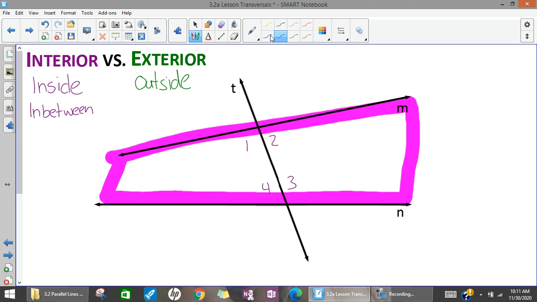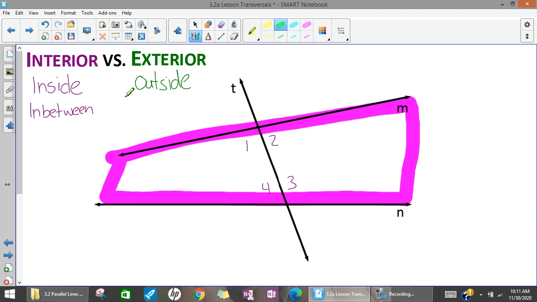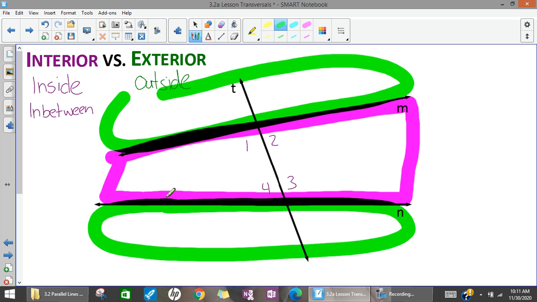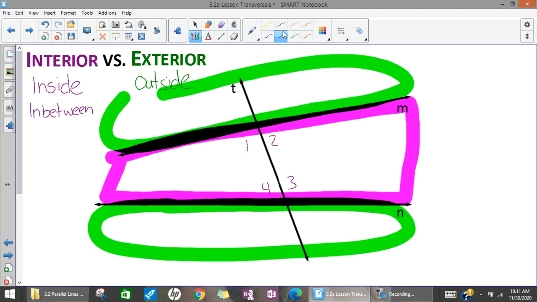And then I have an exterior that exists outside of those two lines, and I get four angles that exist outside or exterior from the two lines. One, two, three, four.